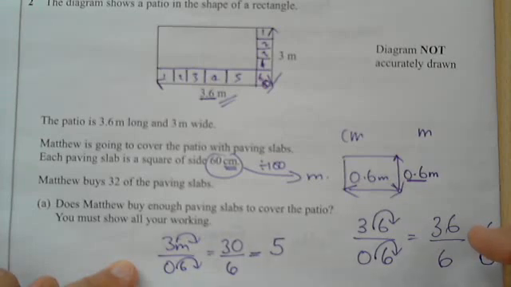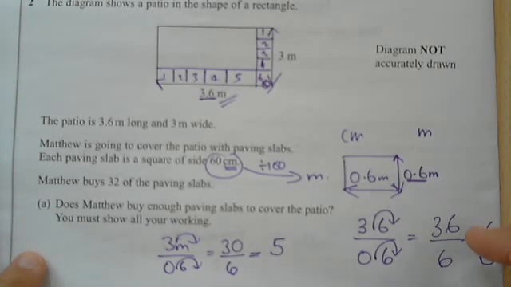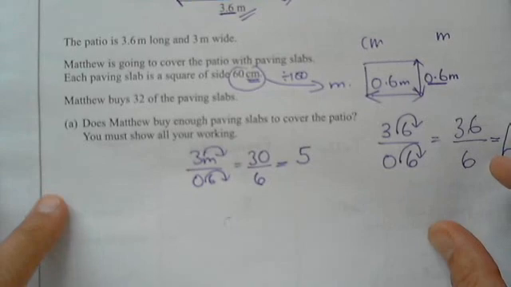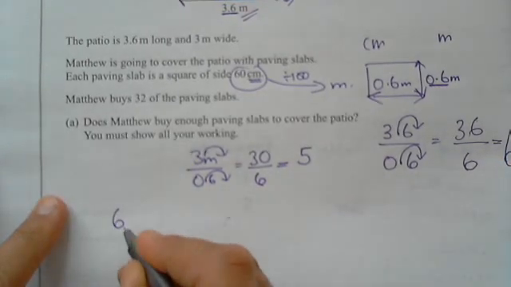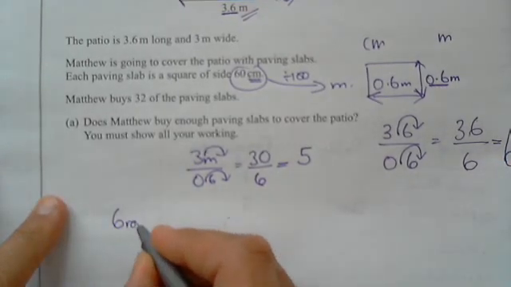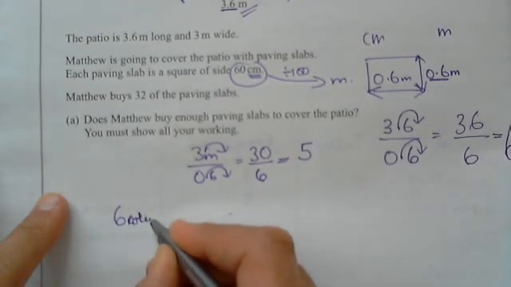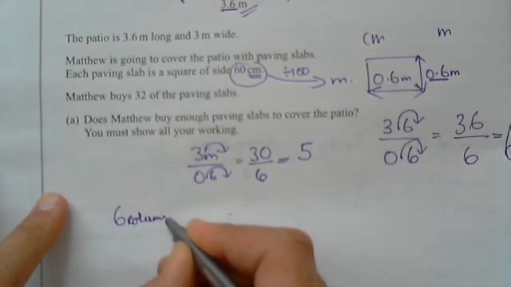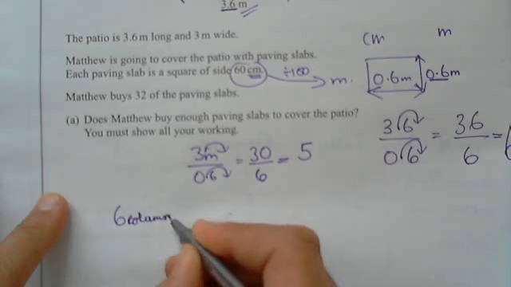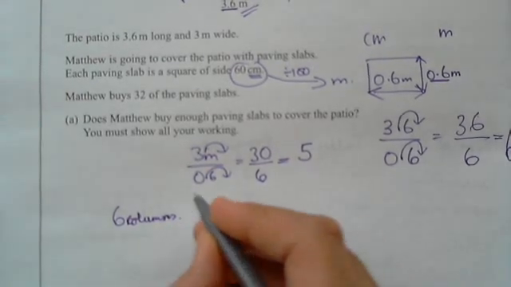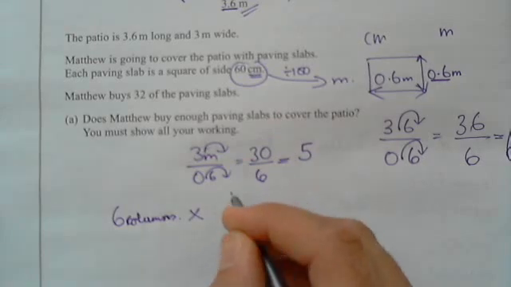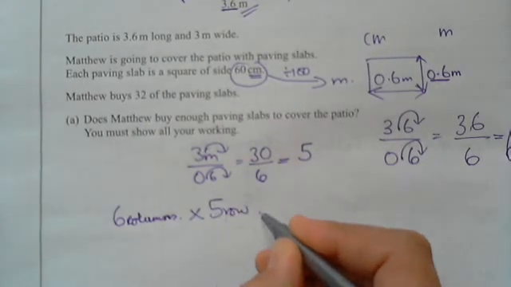Okay. So from this diagram, we can see now that we will have 6 columns. Okay, and we times that by 5 rows.